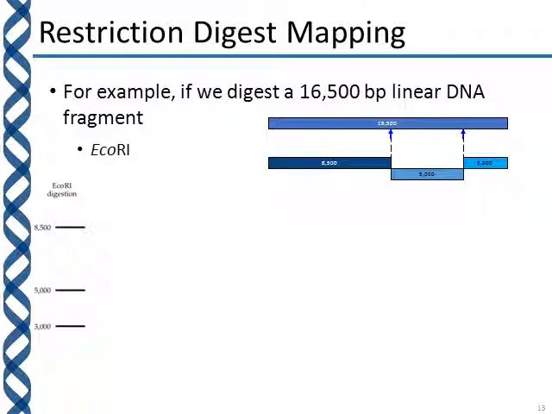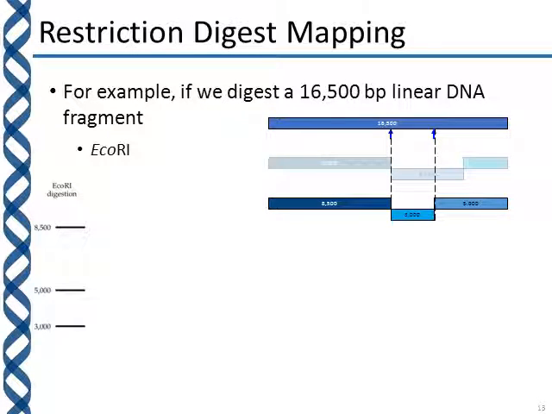If they were here, you could see that the 8,500 sequence would be first, the 5,000 would be second, and the 3,000 third. Or the recognition sites could be adjusted slightly such that we have a different arrangement of these 3 fragments.